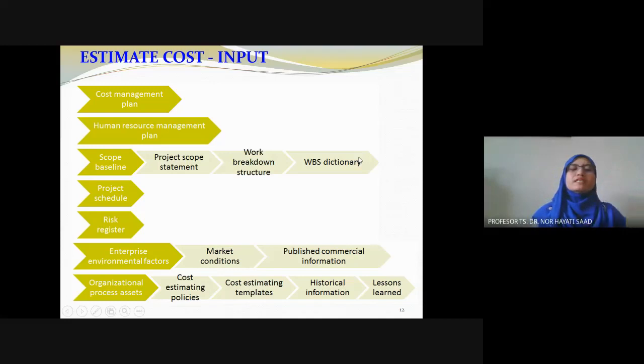From each work package you have the activity breakdown, and you assign each package to one PIC, person in charge, and you put a code for each of the work breakdown structure, so you'll be able to monitor continuously.